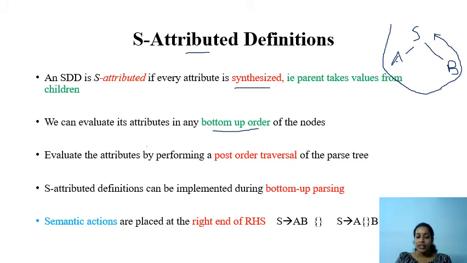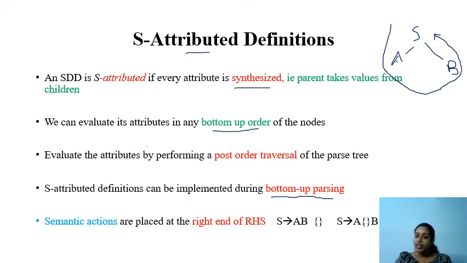S attributed definitions can be implemented using which parsing method? The bottom-up parsing technique. Here, we evaluate the semantic actions once we have seen all the children. That means when reduction happens, we can perform the semantic action.